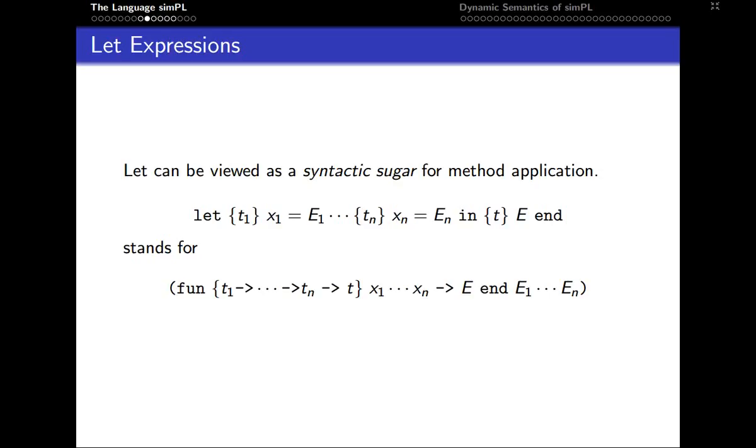And then we have a body, which syntactically is an expression, and inside it we can use the symbols x1 up to xn. It's pretty straightforward. We used to do this kind of thing in math all the time. So this is the body between in and end.